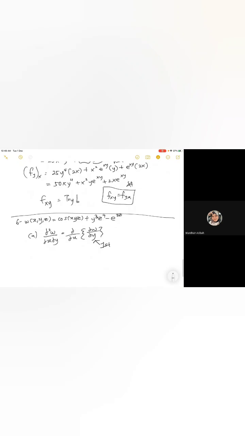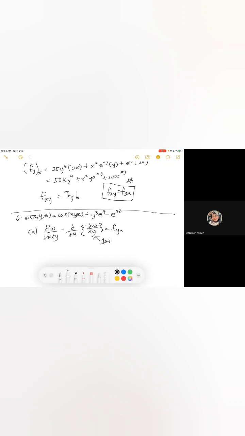Above notation, it would become fyx. Sorry, not f, w, because you use w, it will be wyx. So y first and then x second. That is the notation you have to know.